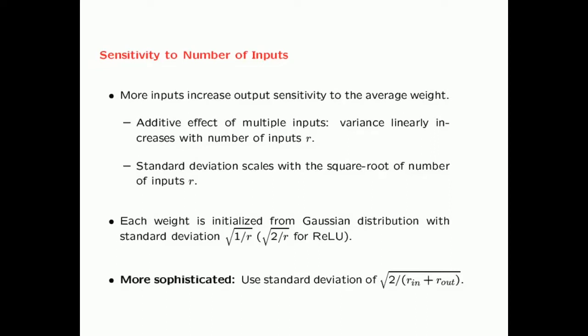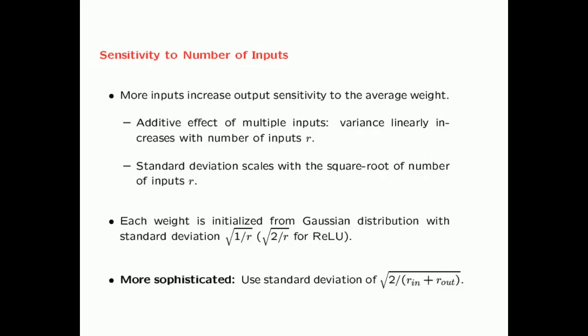So in order to normalize for this, we typically initialize each weight from a Gaussian distribution with standard deviation square root of 1 by r. In the case of the ReLU, there are some results that you want to use square root of 2 over r. You can even initialize from a uniform distribution within minus 1 by square root of r and plus 1 by square root of r. Generally, the performance is very similar whether you use a Gaussian distribution or a uniform distribution.